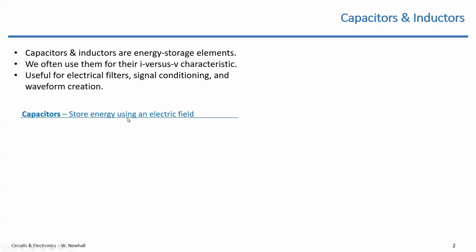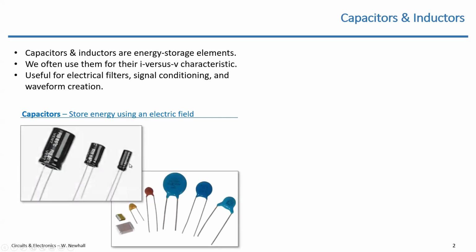Okay, so capacitors store energy using an electric field, and you've probably seen capacitors before. You have these in your lab kit. These are electrolytic capacitors on the left. They look like cylinders with two leads coming out the bottom. Some of these have a lead coming out the bottom, a lead coming out of the top. There are various configurations of those.